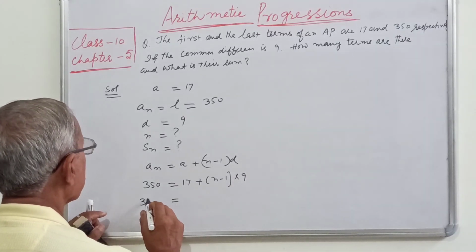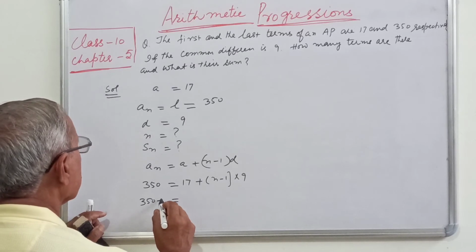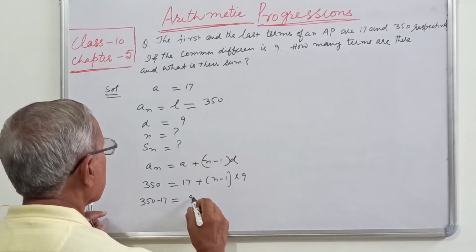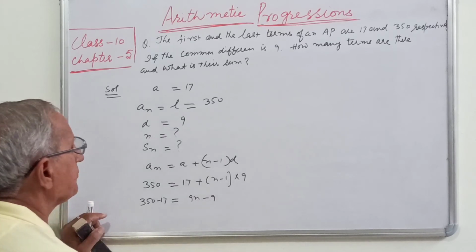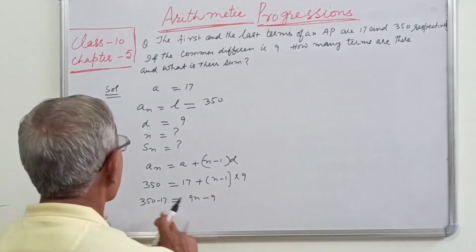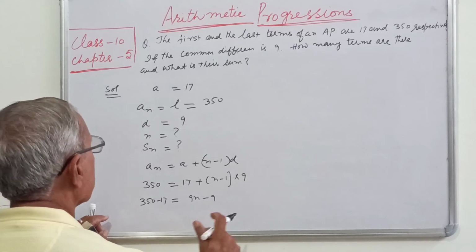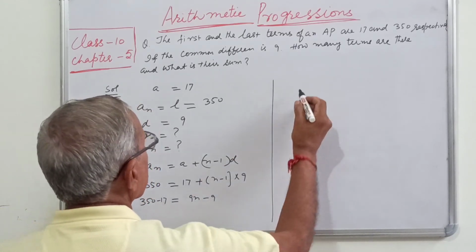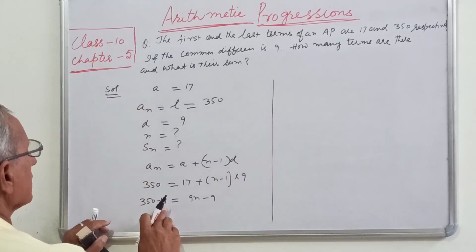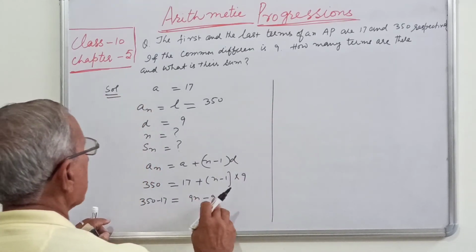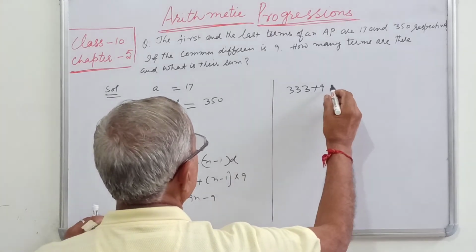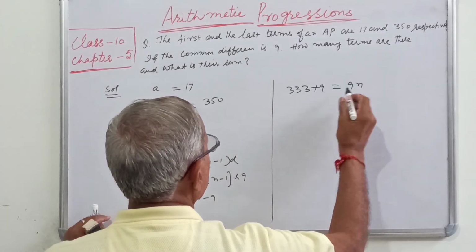So 350 minus 17 is equal to 9 into N. So 9N minus 9. So 9 से अब इधर यह ऐड हो जाएगा. 350 में से 17 गया 333 प्लस 9. So 333 plus 9 is equal to 9N.